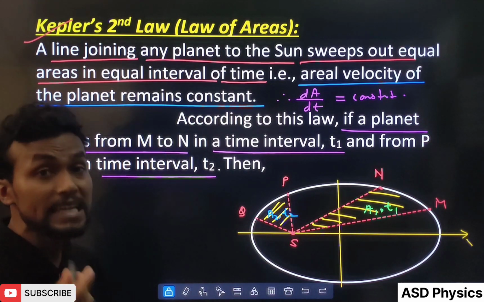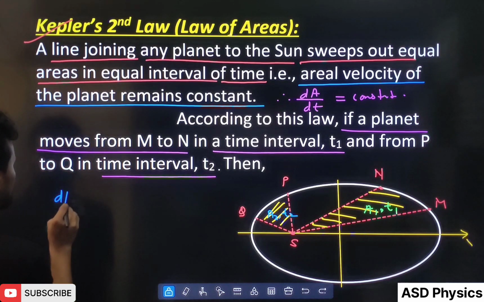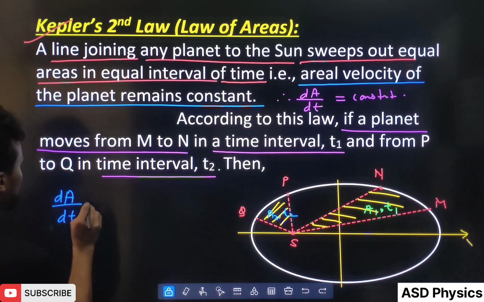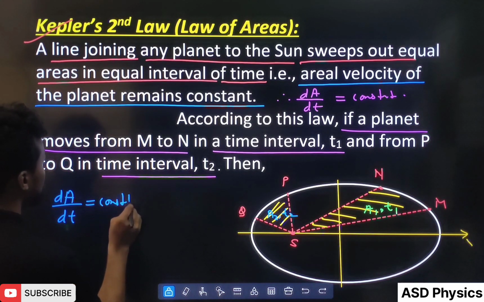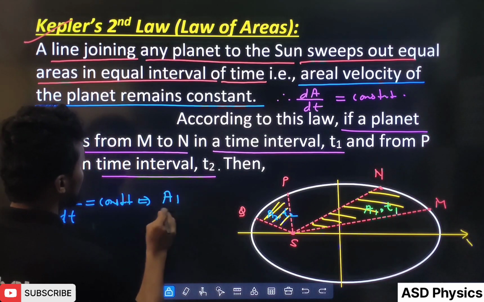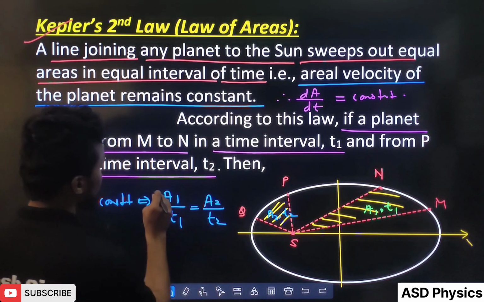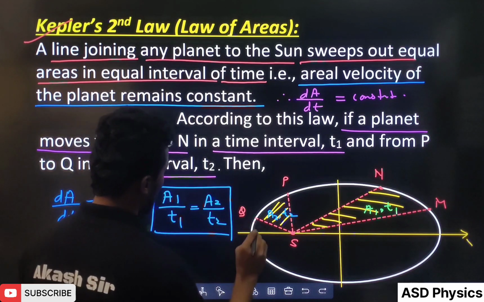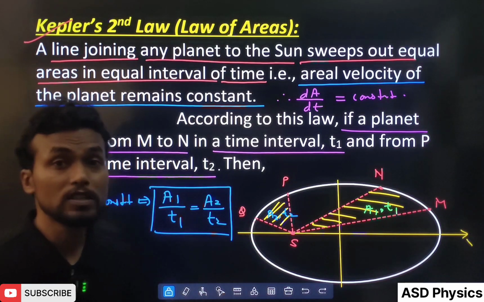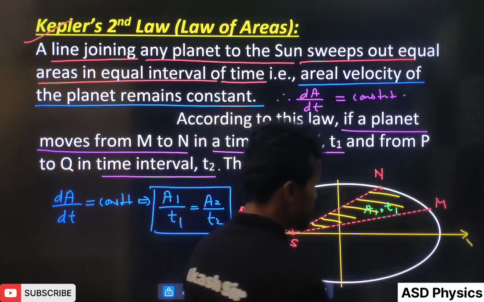So what will be the same? Areal velocity is constant, dA by dt is constant. So we can tell that A1 by T1 will be equal to A2 by T2. Areal velocity will be constant. Later we will see that angular momentum will also be constant.